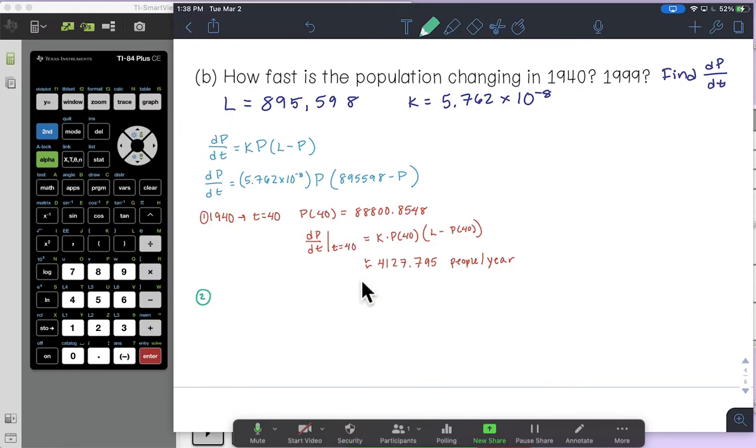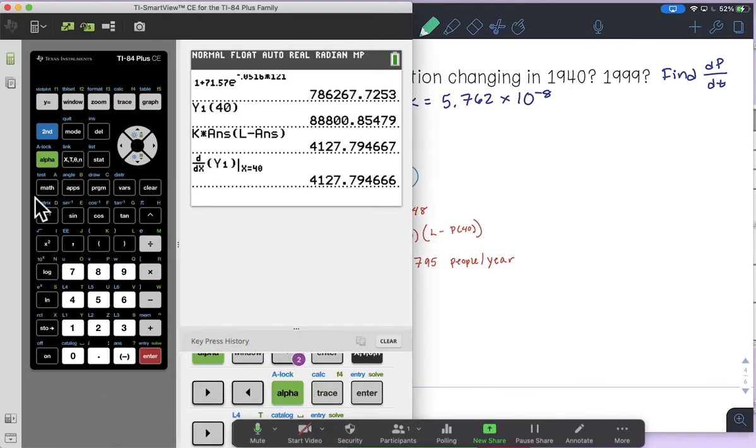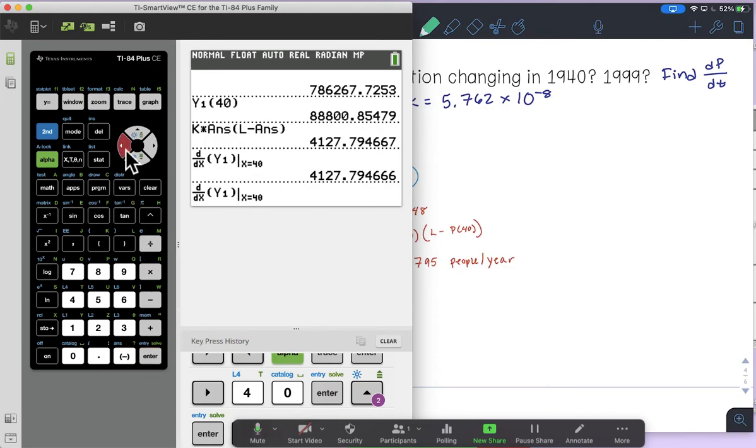Okay, so now if I want to find dP/dt for when t is equal to 99, that's 1999 there. I'm just going to use that numeric derivative method because it's probably a little faster. I just wanted to show you both ways. All I'm going to do is copy down that line and change my t value to 99.